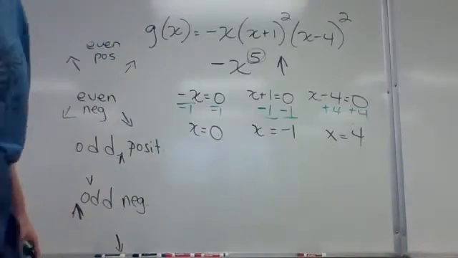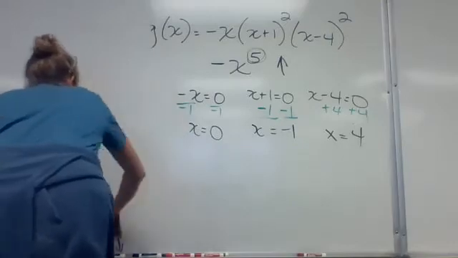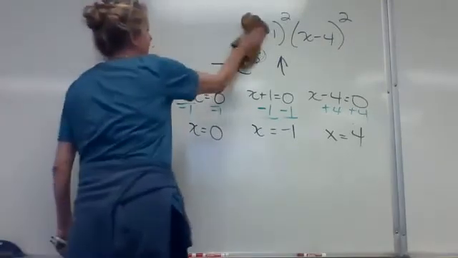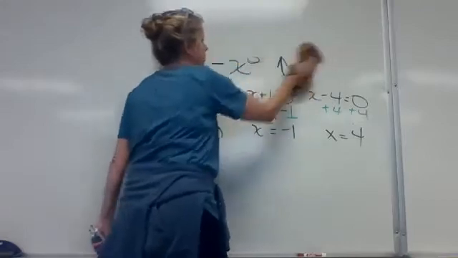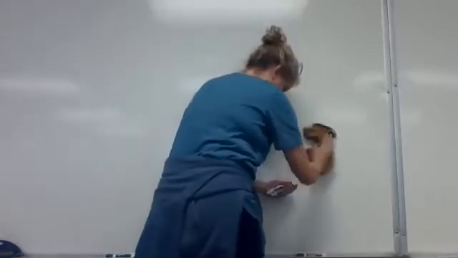All right, number 17. Finding vertical asymptotes. Your vertical asymptotes come from zeros of the denominator that are not zeros of the numerator.